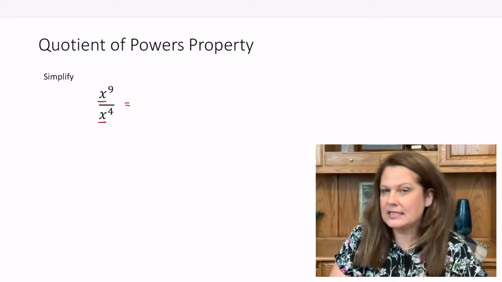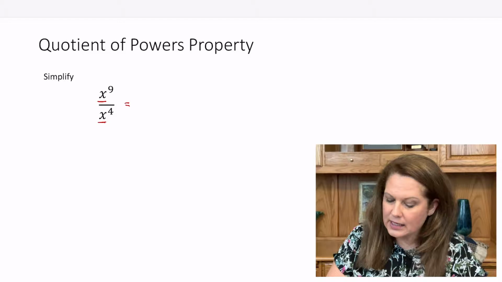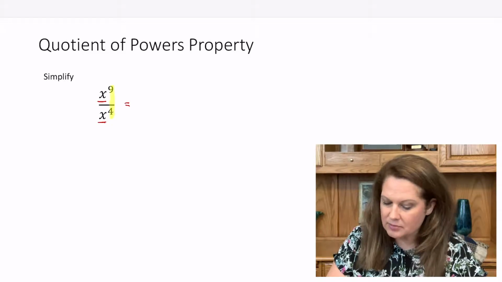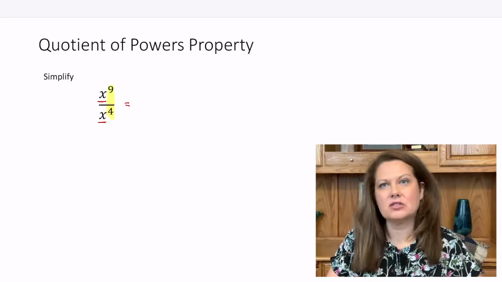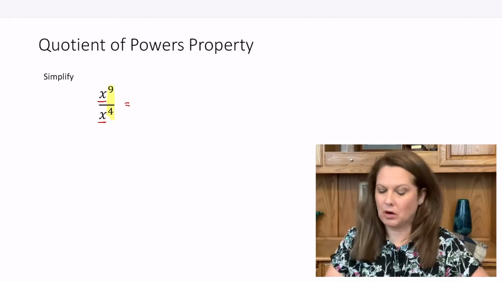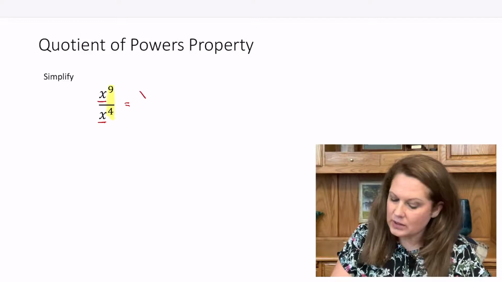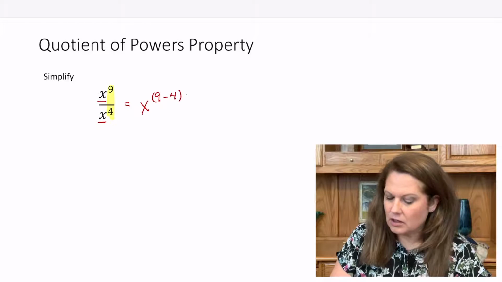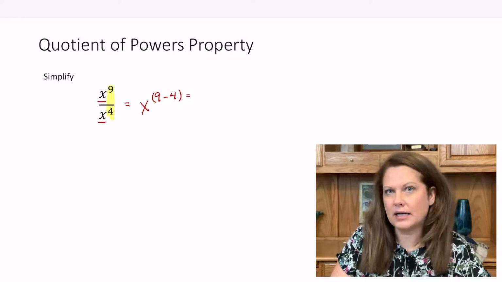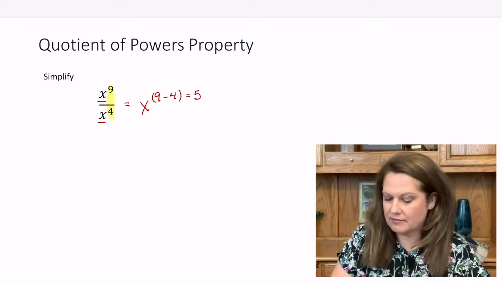So remember, anytime we're dividing, we can actually subtract our powers and come up with the same answer as if we wrote it in expanded form. So we have x to the 9th power minus 4. You're going to ask yourself, okay, what's 9 minus 4? That's 5.